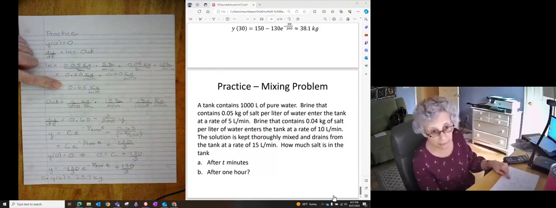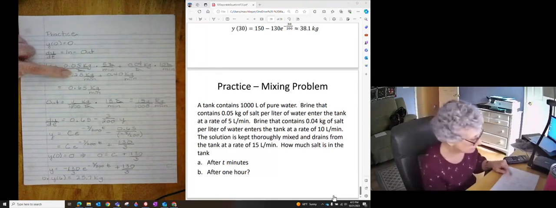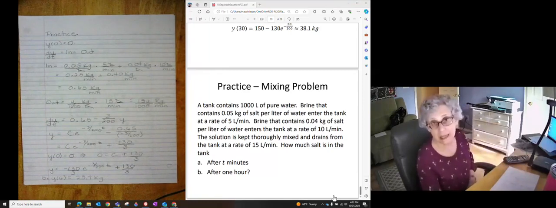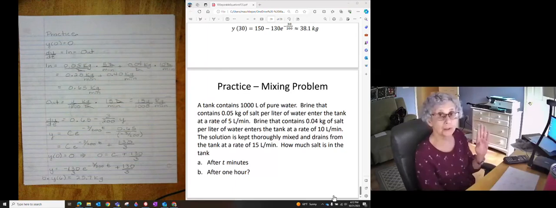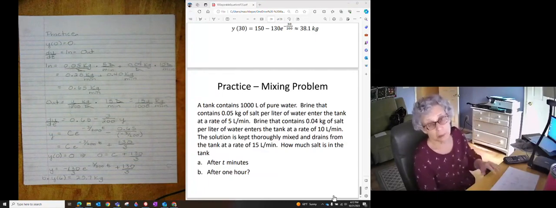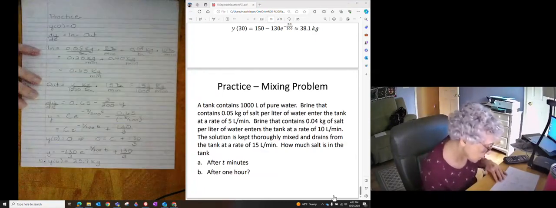So you had to add those together to get your in rate. Luckily, your in rate and your out rate were the same, so the amount of water in the tank wasn't changing. That's the important thing that makes this a linear separable differential equation.